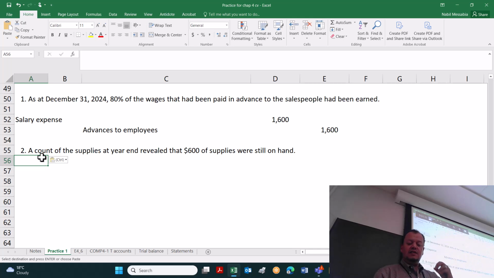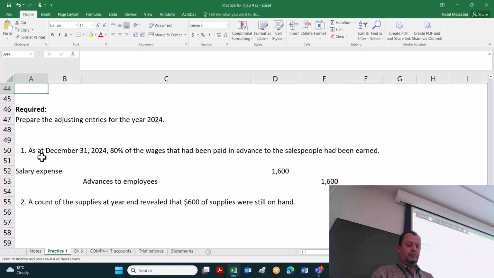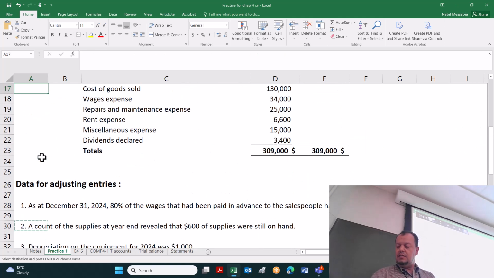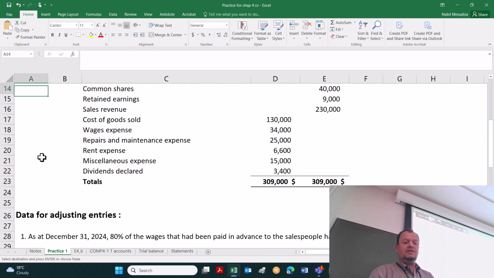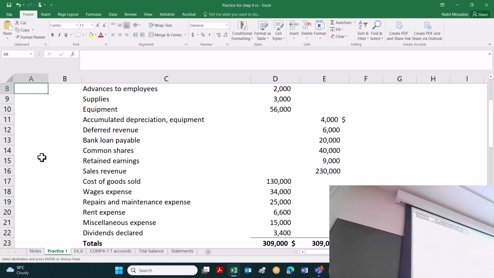What is the expense account? If you look at the list of expenses in this company, what are we talking about? I don't see it here. If it is not there, it means it has never been recognized before. So what is this expense? It is simply the use of supplies.